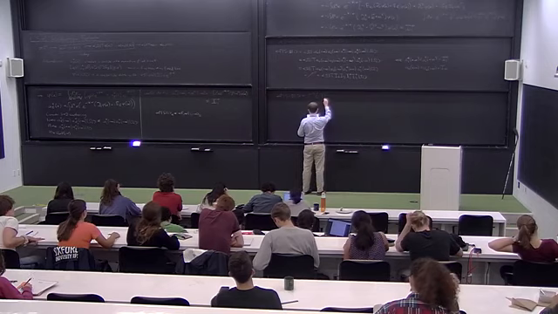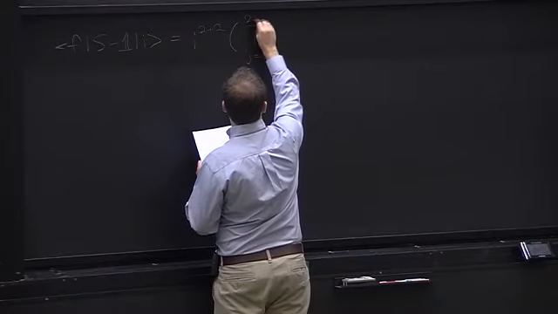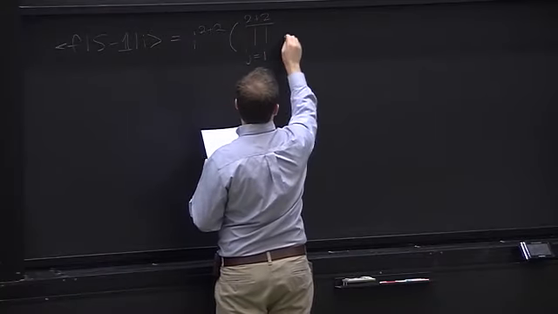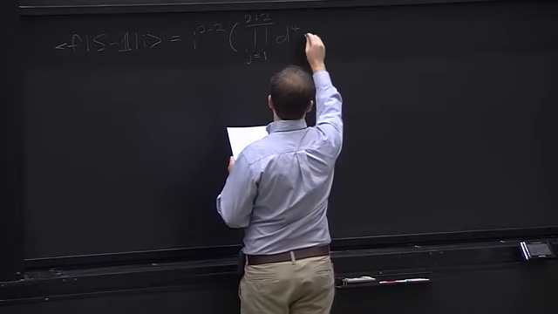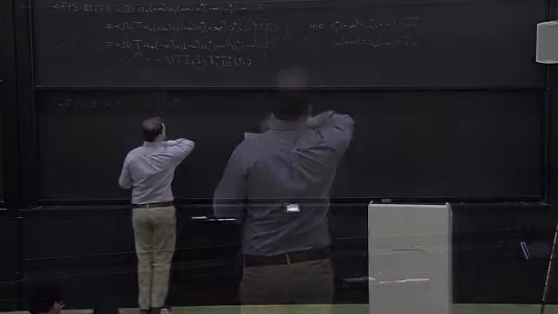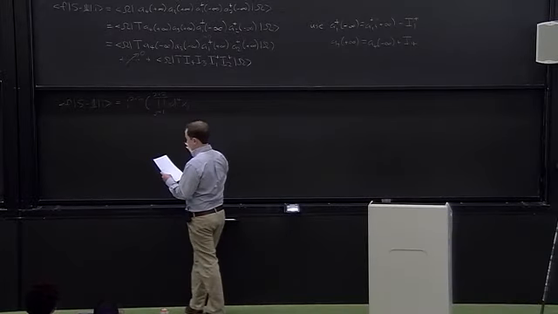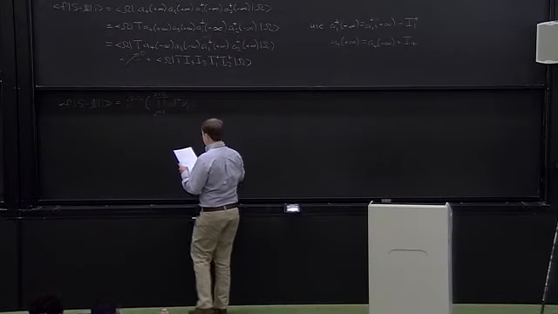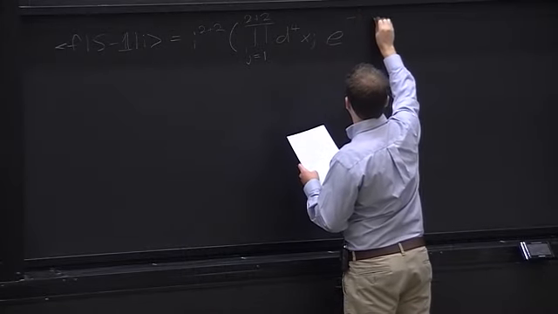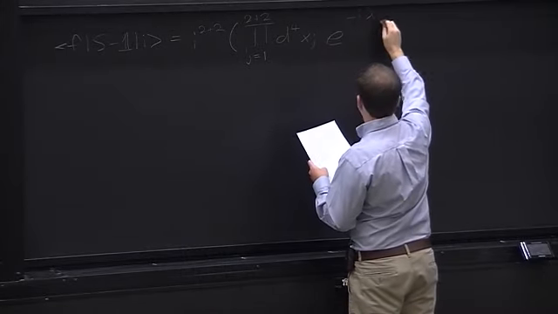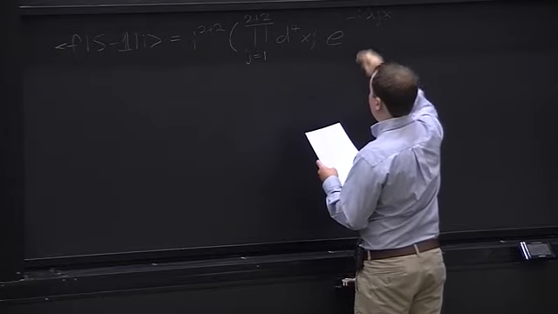Then we've got a product over all of our particles. Each of the integrals I has an integral over spacetime. Then we've got an exponential factor, which can have either a plus sign or a minus sign in the exponent, depending on whether it's an I or an I dagger.